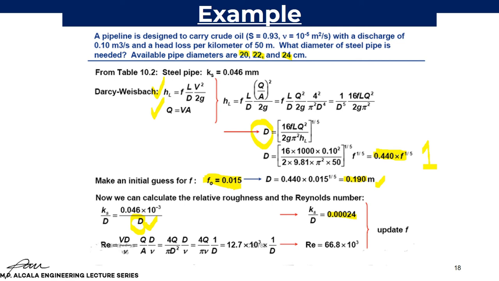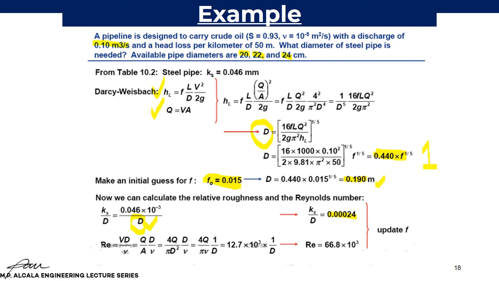So solving further, you can also solve the Reynolds number, right? So VD over mu. You have the velocity given from the assumption of the diameter. In this case, you already have the discharge.